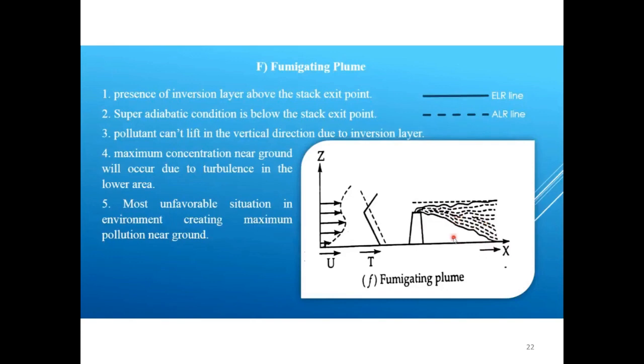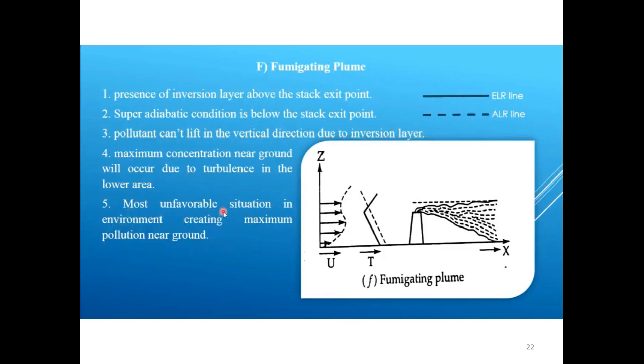And as the inversion layer is present above the stack gas exit point, no gas can cross the barrier and go in the upward direction. That's why from the graph also you can see the ground level concentration will be very high, and that's why this is the most unfavorable situation in the environment, creating maximum pollution near ground surface.